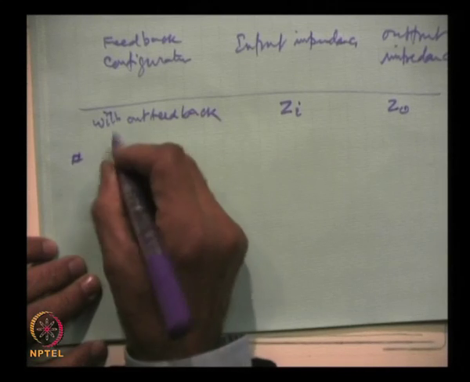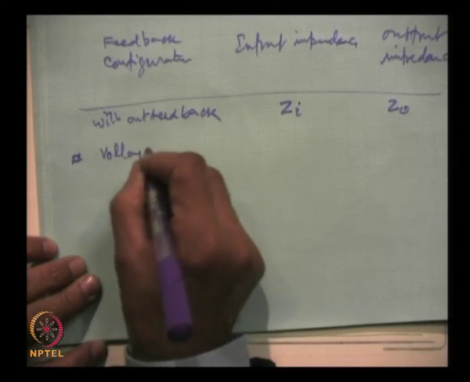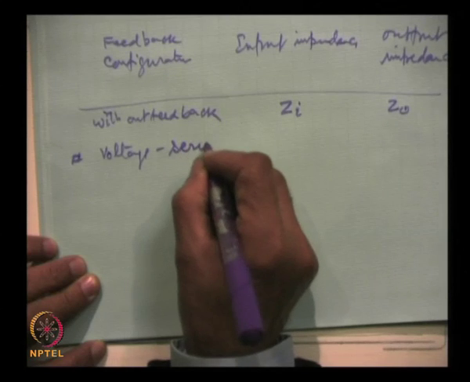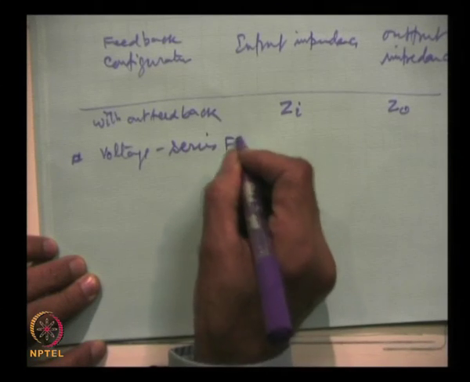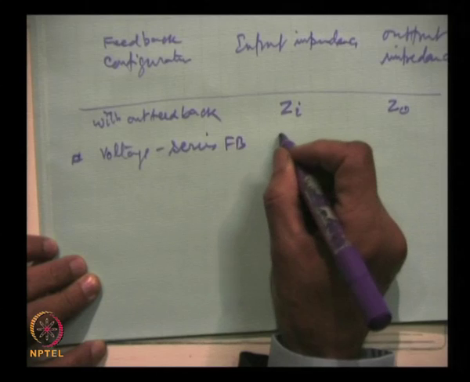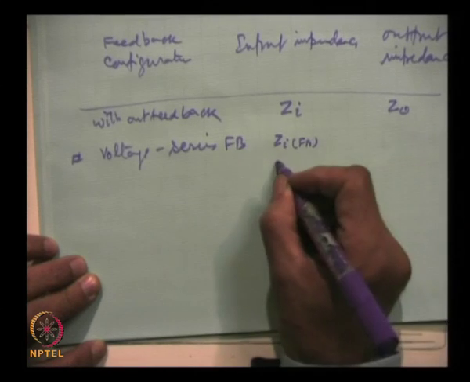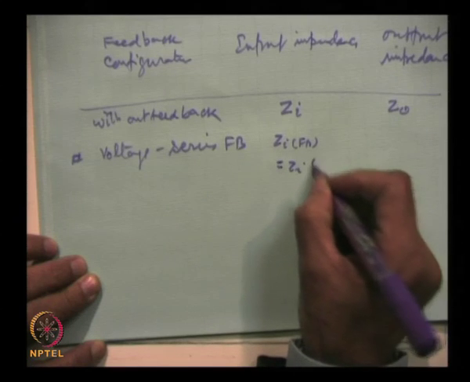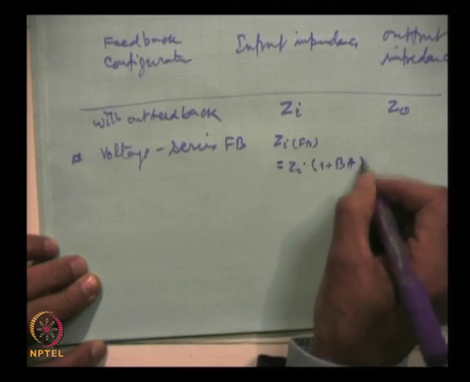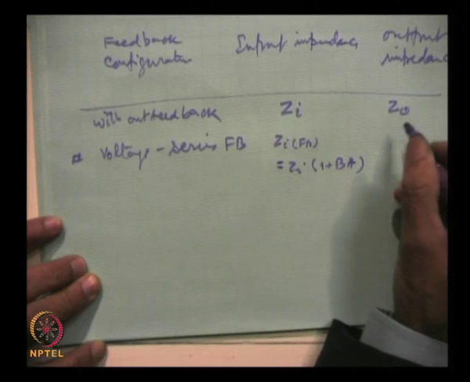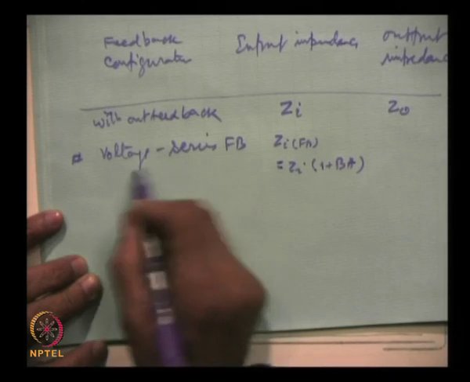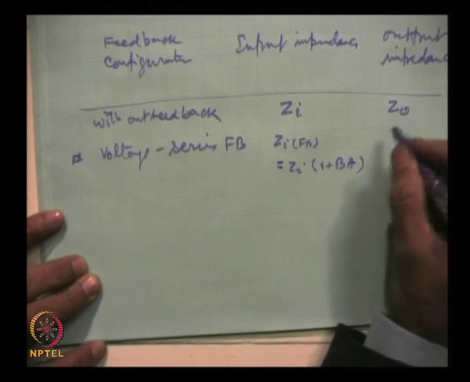In voltage series feedback, the input increases to Z I F B equal to Z I into 1 plus B A, and the output is reduced because this is actually series shunt. So, at the output it is shunt.